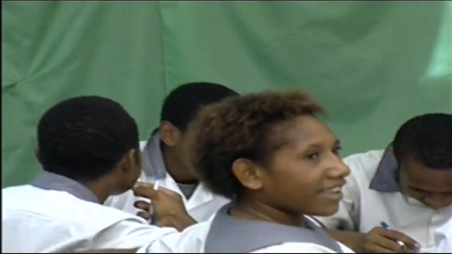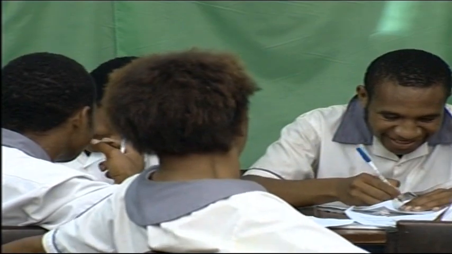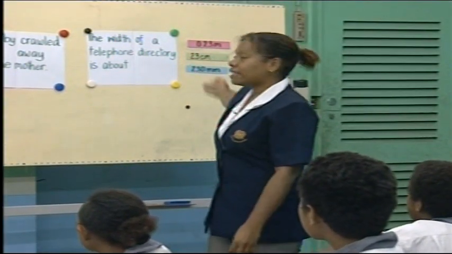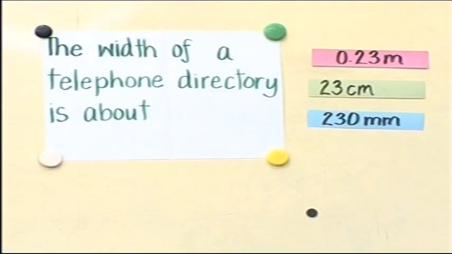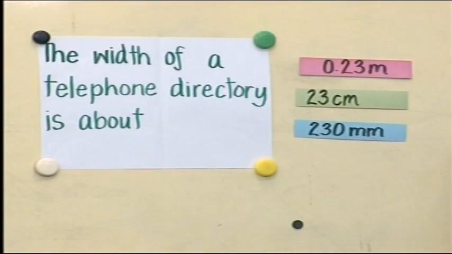Okay, can you read the sentence, please? Thank you. Okay, read the sentence and you give your answer. I mean, complete the sentence. Okay, Ruben, help Ben. Read the sentence. The width of a telephone directory is about 23 centimeter.